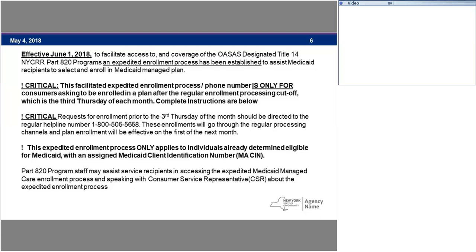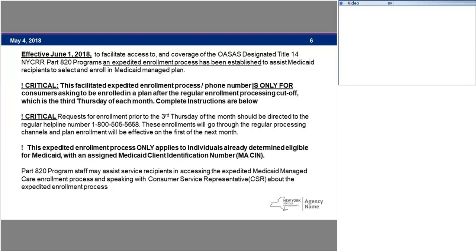Everybody who calls in after that date gets an enrollment effective date of the following month. So instead of getting a July 1st effective date, you would get an August 1st effective date if you called after the 21st and you didn't say, hey, I want expedited enrollment.